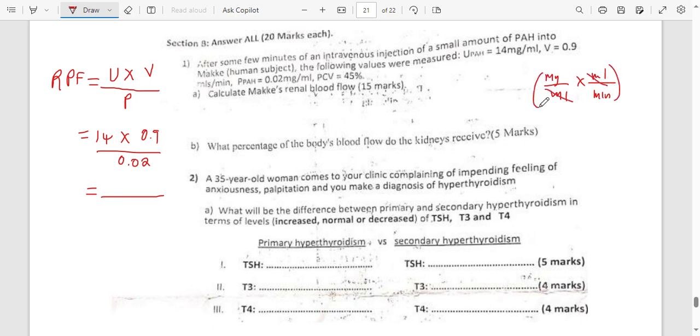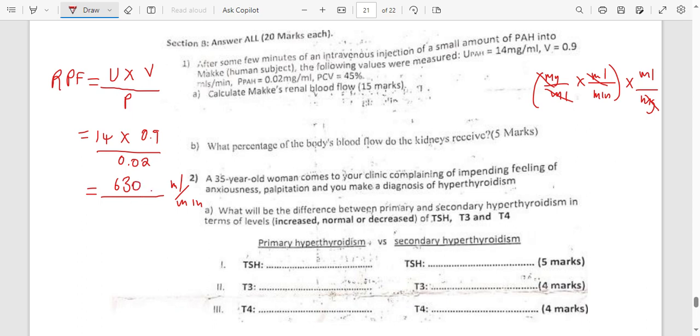Then we are dividing by plasma concentration, which is milligrams per mil, which is the same as multiplying by mil on top with milligram down. So milligram cancels with milligram, and the answer is going to be in mils per minute. That is the renal plasma flow. The answer that you get is 630.